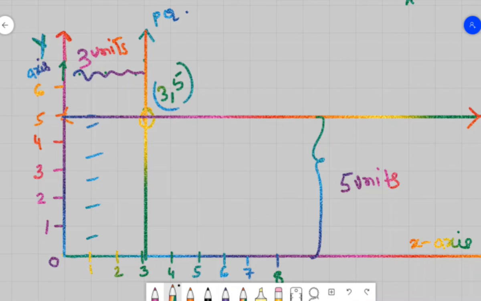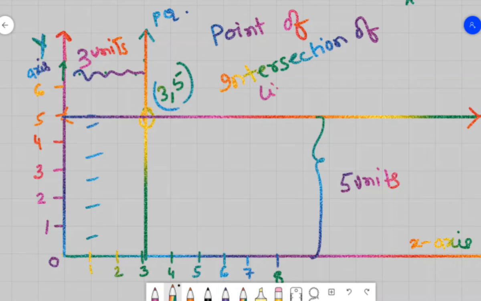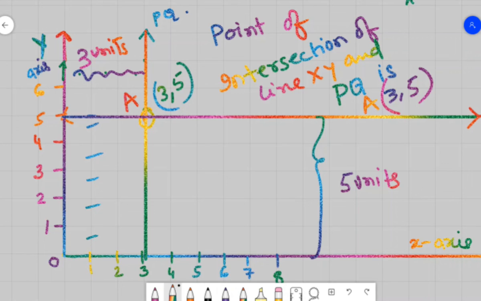So the point of intersection of line xy and PQ is (3, 5). You can give a name also if you want, like A (3, 5). I hope children you understood this.